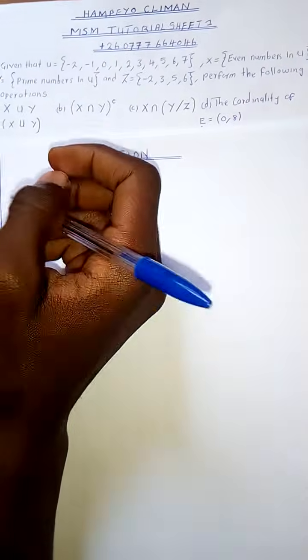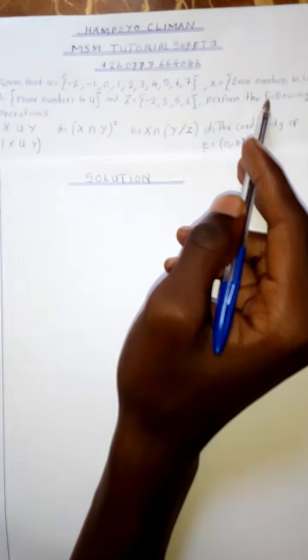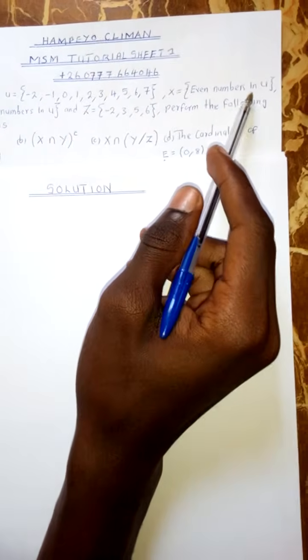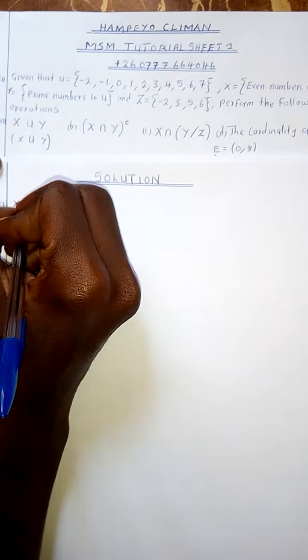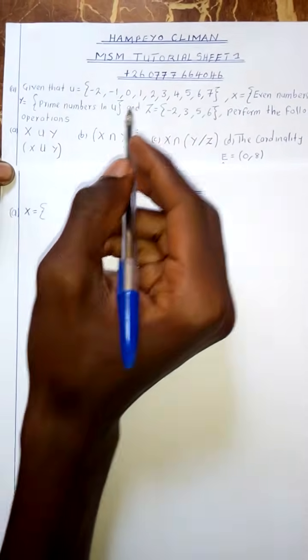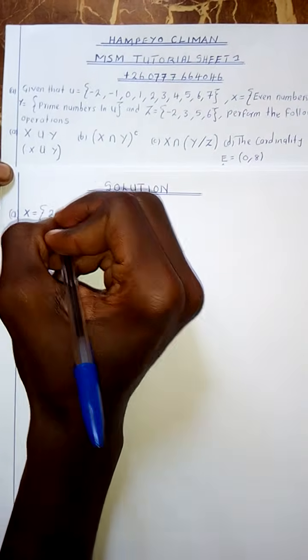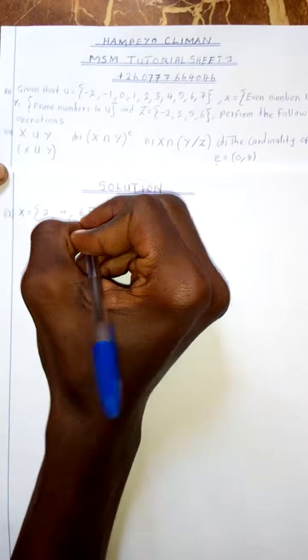They are saying that X is a set of even numbers in U. So X is equal to, what are the even numbers in U? In U, we have even numbers 2, 4, 6.